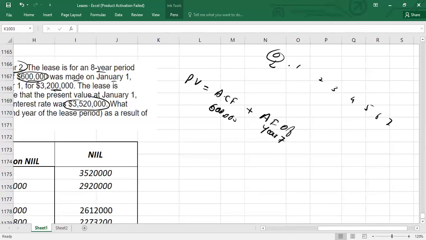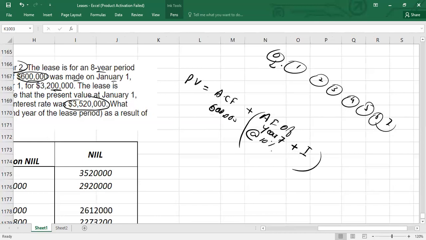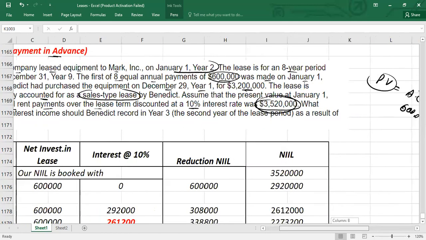So these are 8 payments. 1, 2, 3, 4, 5, 6, 7, 8. So I have to take the annuity factor of year 7 at 10%. And in that I will add 1. 1 represents the year 0 present value factor. Okay. If I multiply the cash flows with this, I will get the present value, which should be 3.52 million, and he already told you, by the way. Okay, guys.